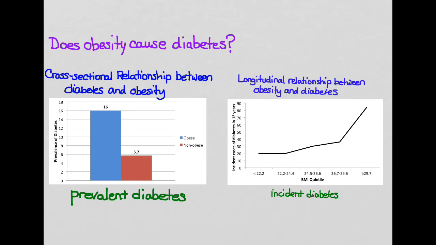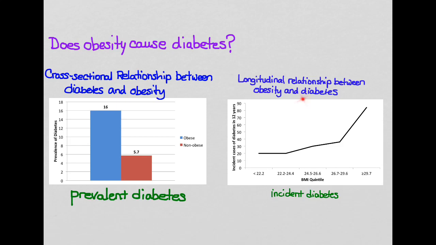Another thing to note is that a cohort study like this one, the cardiovascular health study, can also look at multiple outcomes. We can look at the relationship between obesity and cardiovascular disease, obesity and many other different conditions, anything that happened to be measured in the study.